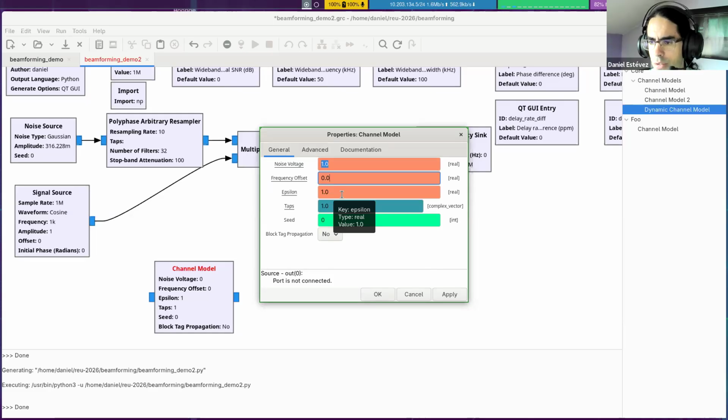The main use case for this field is what it says on the documentation, to simulate that the sampling rates on the transmitter and receiver are slightly different because sampling rates are generated by a physical quartz oscillator, and they will never be exactly on frequency. So in communications, that is pretty important to simulate.